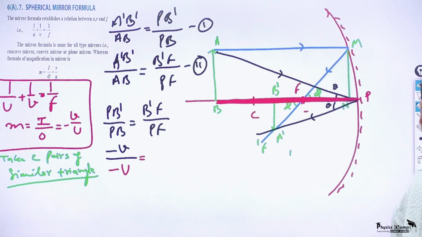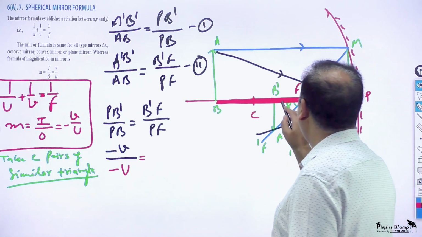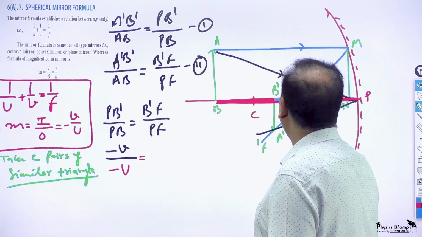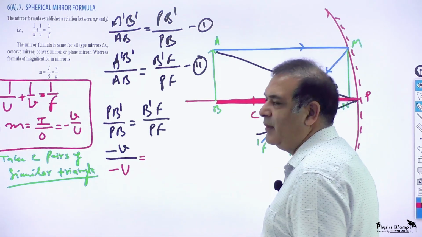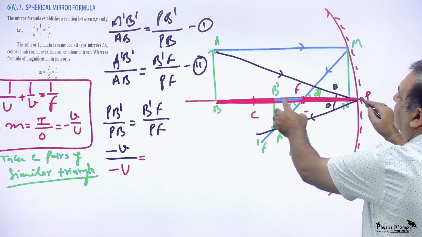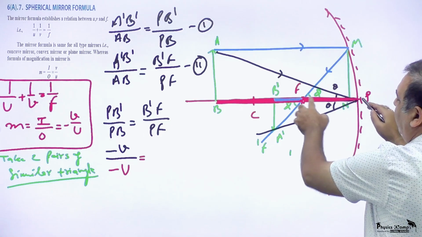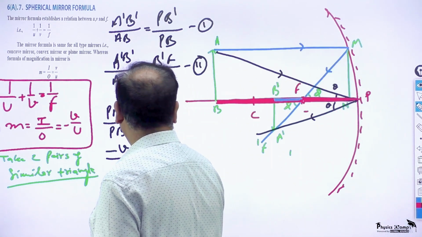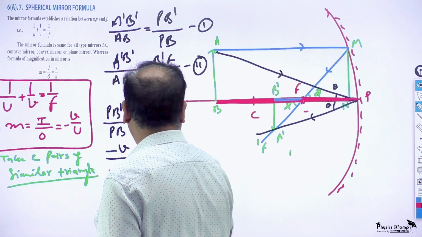Now if I take this distance, B dash F, what will you call this distance, B dash F? From here to here it was V and from here to here it is F. So B dash F, should we call it minus of V minus F?